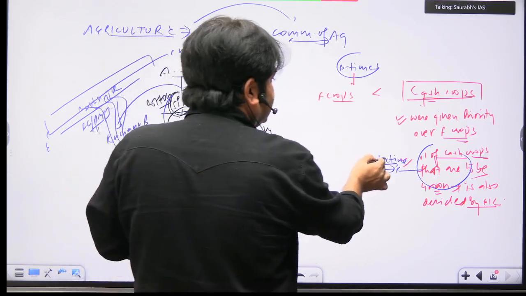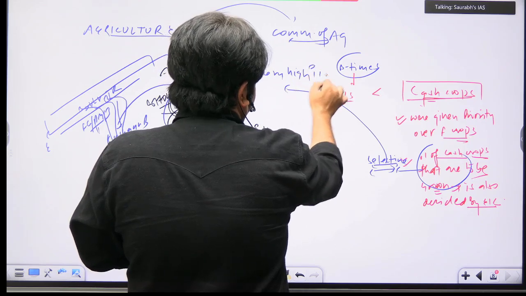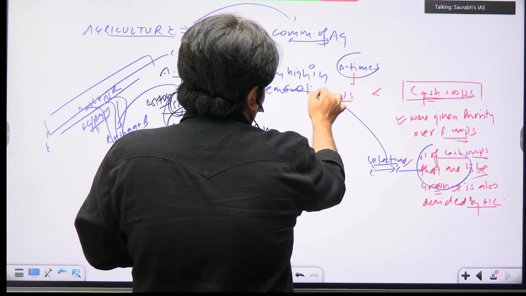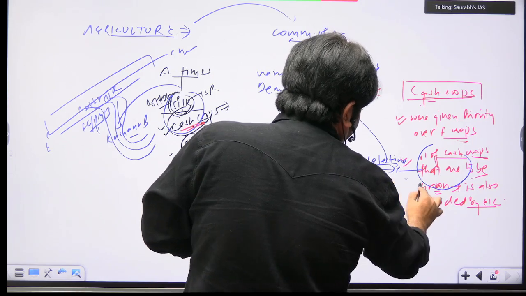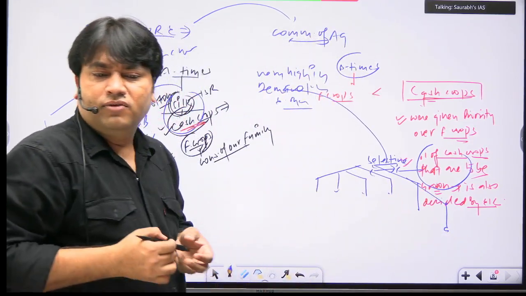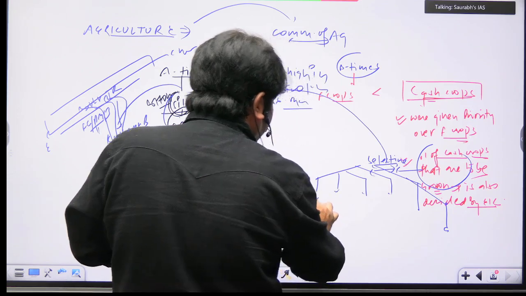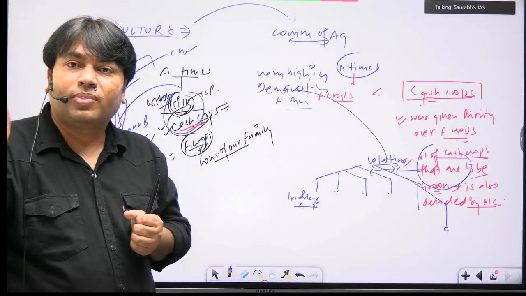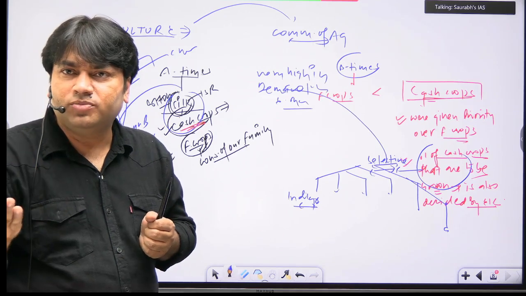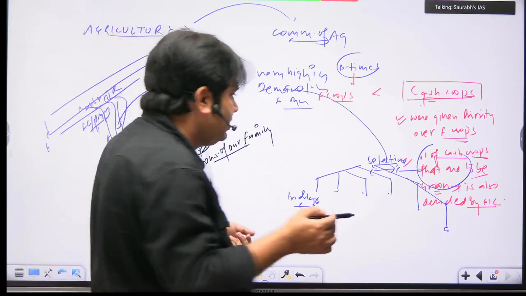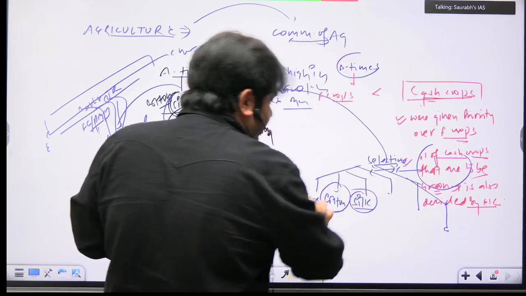And which crops are selected? Those crops which are very high in demand in the European market will be selected. For example, indigo. Why would indigo be in very high demand in the European market? Because there was a textile revolution and synthetic colors had not been discovered till then. Indian indigo was a very rich blue in color, so that's why indigo. Cotton, silk, those will be there because there is the industrial revolution.